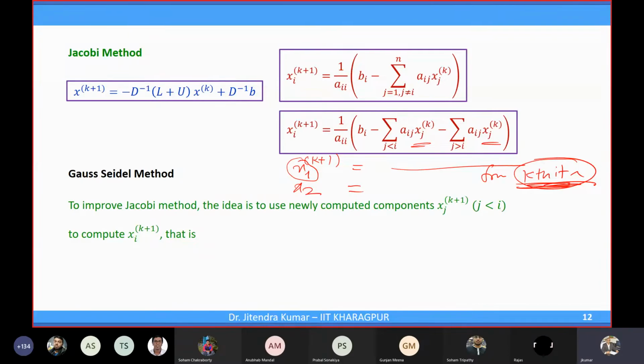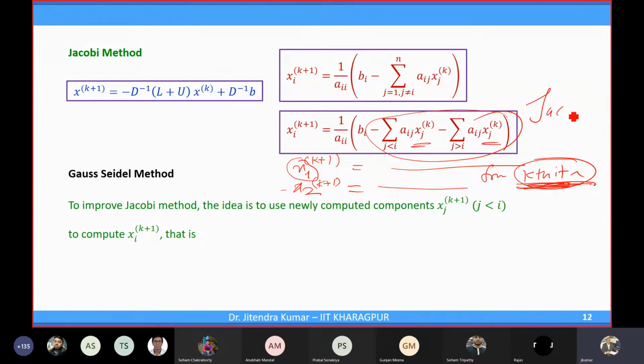But when I compute x2 at the k plus 1th iteration, the second component, now there are two ways. One is that I still use everything from the previous iteration, the kth iteration, which we are using here in the Jacobi method.